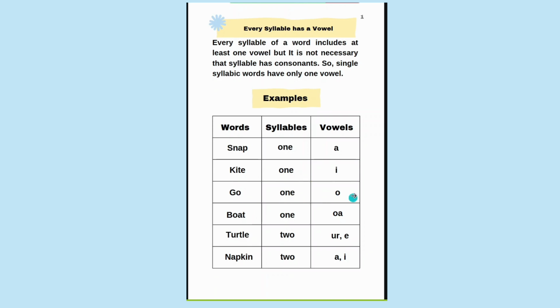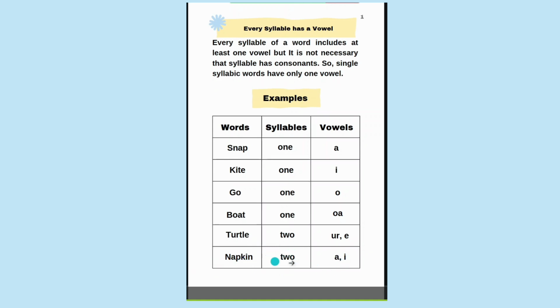Go, one syllable, O long sound is coming over here. Boat, one syllable, O-A is a vowel sound here. Turtle, two syllables, and silent E represents the vowel sound. Napkin, here letter A represents the A sound and kin represents the letter I sound.